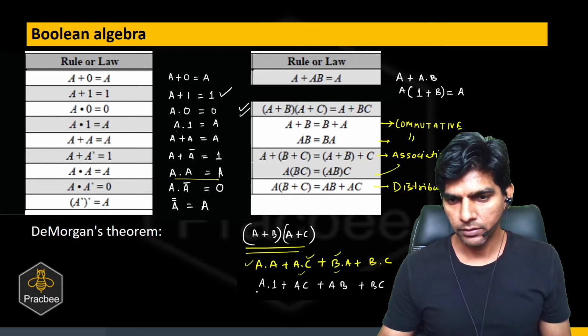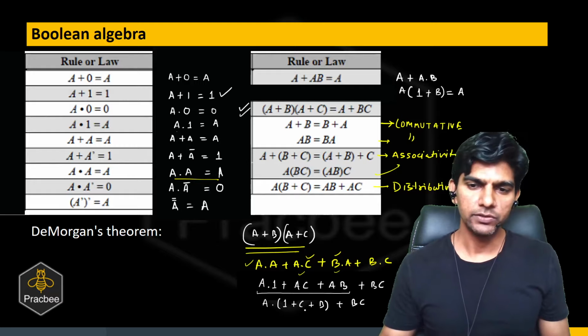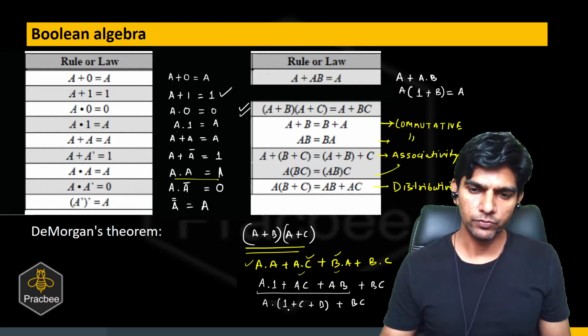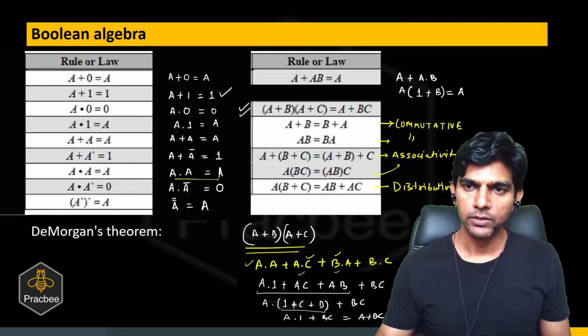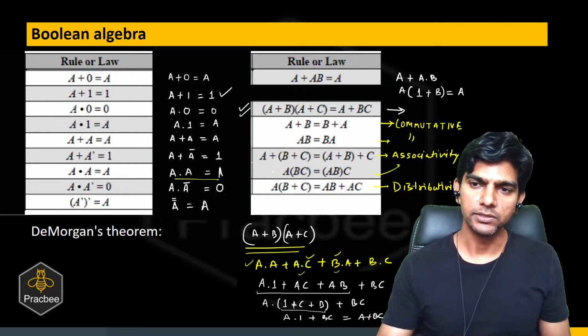If I take A as common for these first three terms, it will be 1 plus C plus B, plus BC. Can you see, if one of the inputs is 1 in addition, then the entire value is 1. So it will be A times 1, plus BC, which comes out to be A plus BC. So can you see this result?